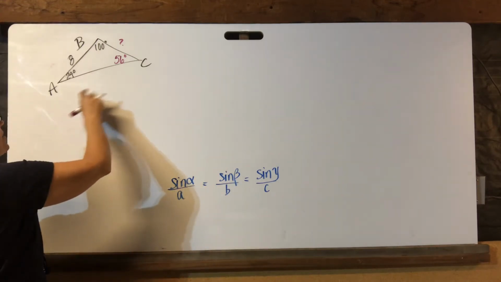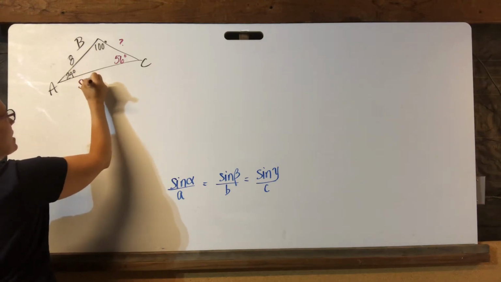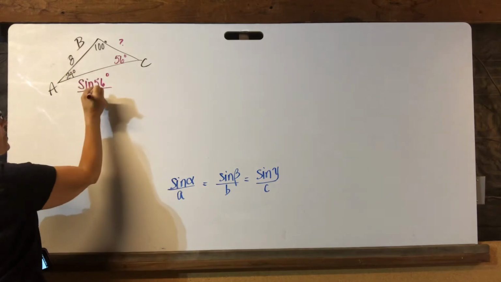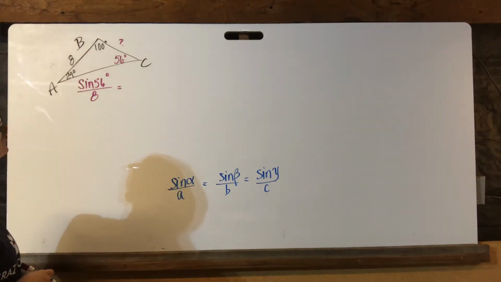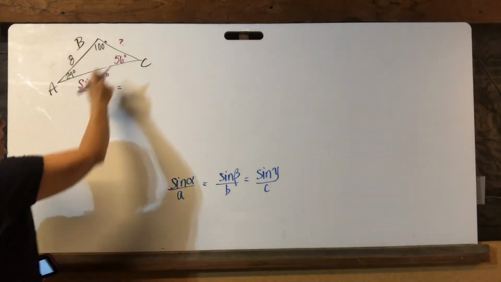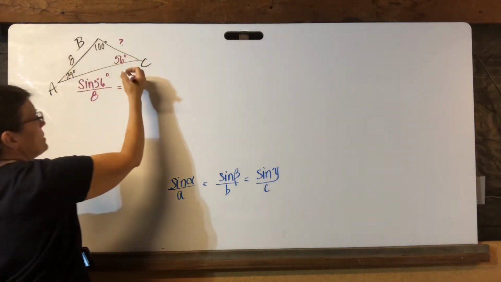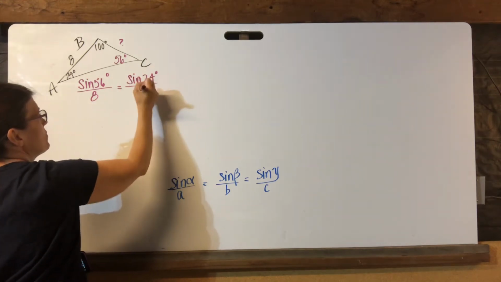So I know that angle C is 56. So the sine of 56 degrees over the length of its side, which is 8, is equal to, I want to find side A, so I need to use angle A, alpha. That's going to be the sine of 24 degrees over A.